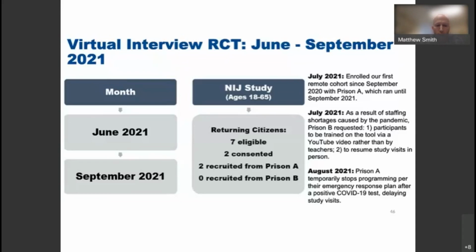And so one takeaway is that the one prison with the staffing shortages, they really wanted the study to work. They were really strong with their communication, and we spent a fair amount of time brainstorming with them how we can make this happen. And so through the NIJ review and with their permission, we did agree to remove some of the on-site prison staff responsibilities for the training and provide more of a remote training orientation for returning citizens to learn how to engage with the interview tool and start using it more independently.